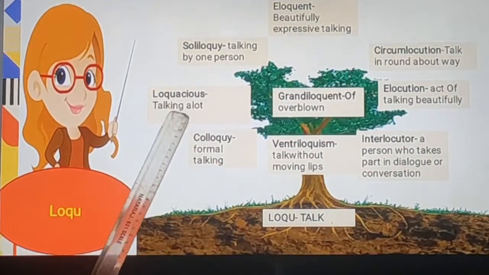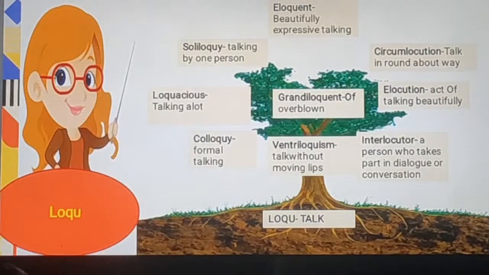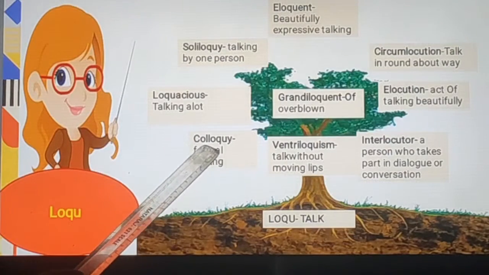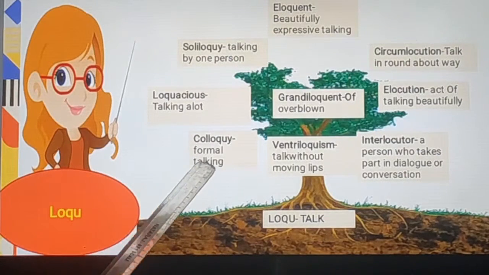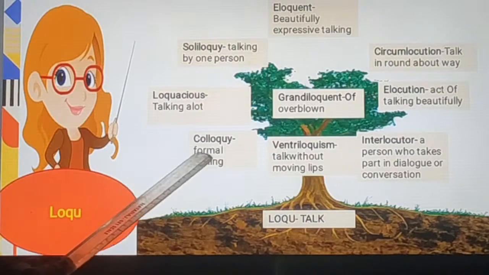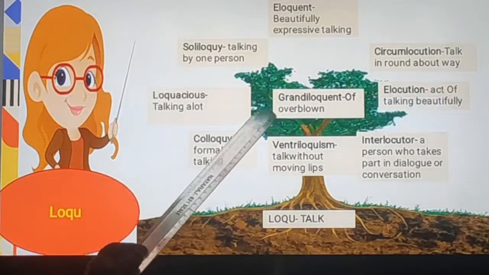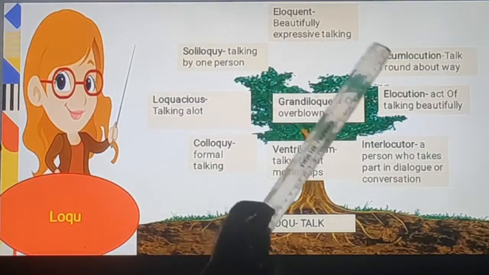And next one, loquacious means talking a lot, so much talking, every time talking like that. And colloquy. Colloquy means formal talking. Do you understand? Colloquy means formal talking, loquacious means talking a lot, soliloquy means talking by one person, and eloquent means beautifully expressive talking.